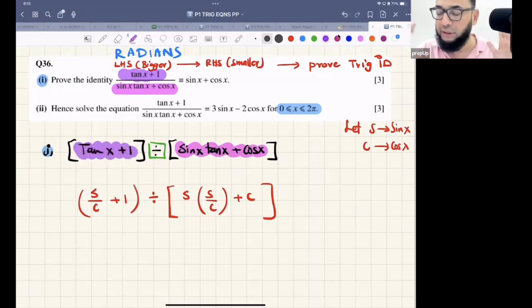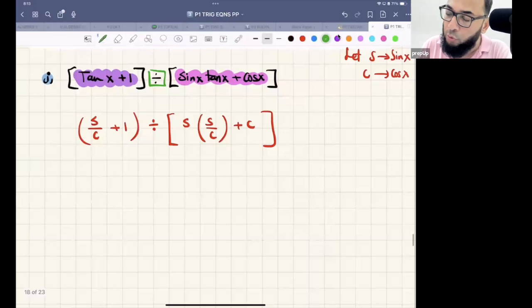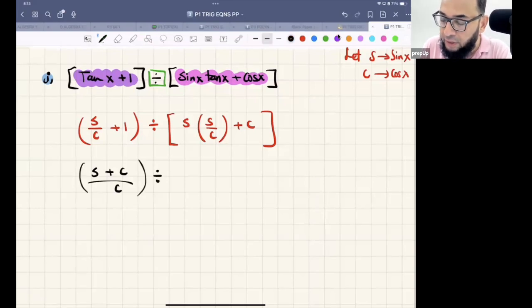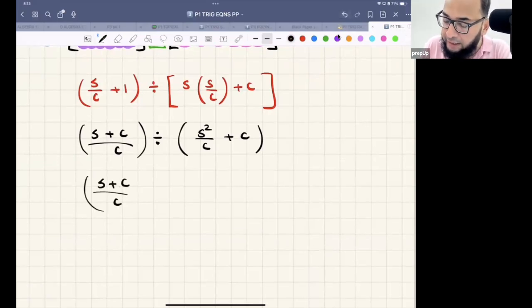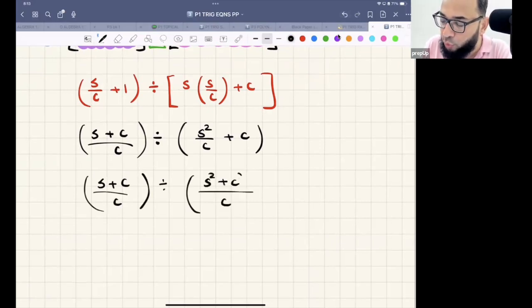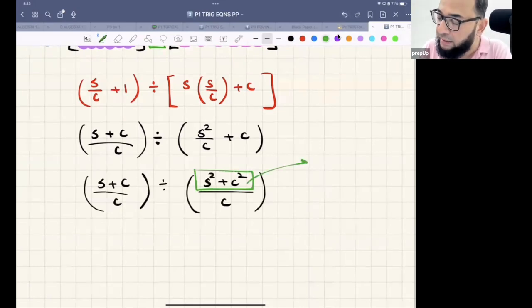Something on the side, something on the side. So now over here we have LCM, S plus C over C. Division, and this is S square over C plus C. Now S plus C over C, and this is division. This is S square, the LCM is C, plus C square over C. Now over here, S square plus C square, this is the trig identity, the mother of all identities.